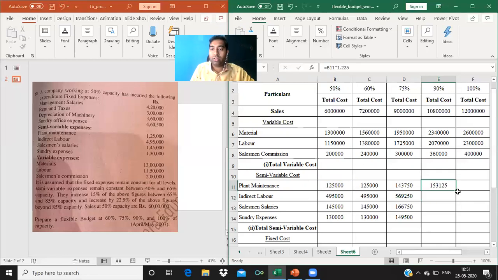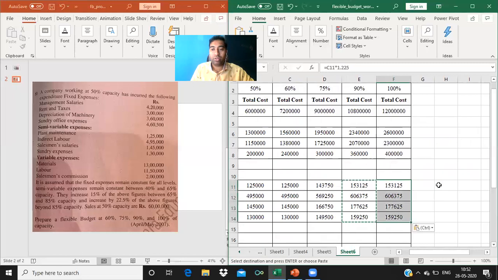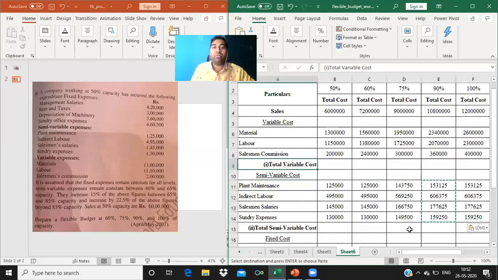So we also got the value. Here 1,25,000 is increased by 22.5%, and 1,25,000 is increased by 15% at the other level of activity. For 100% also it is going to remain the same, so I am going to just copy the same values. Now we are done with the calculation part.